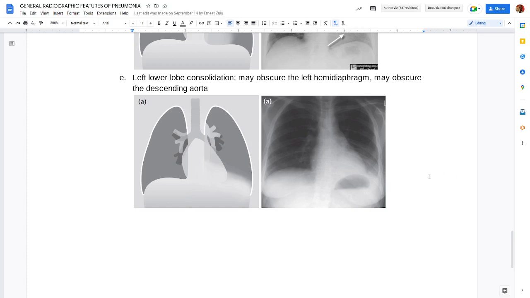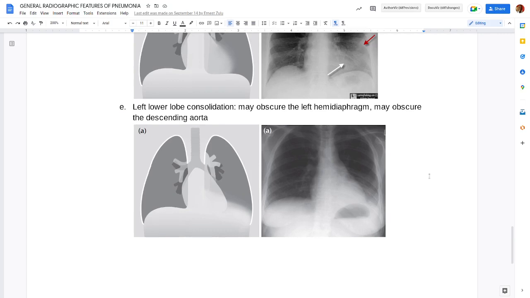Yeah. So hospital-acquired pneumonia will present with features of what we call a nodular pattern. These white changes will look like beads spread throughout the lung. So there will be dots in the lung.